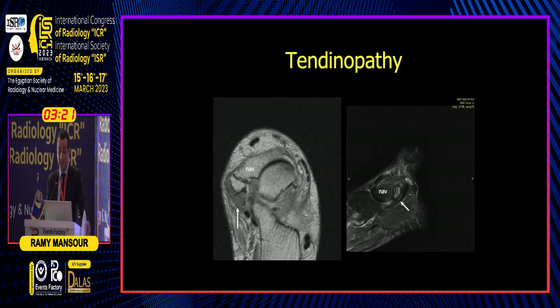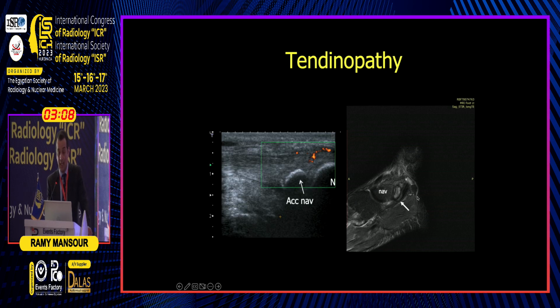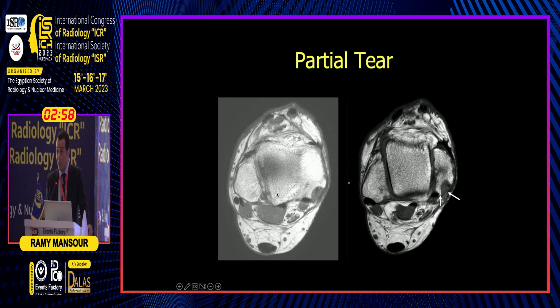For tendinopathy, especially associated with an accessory navicular bone, same thing: you can see thickening and altered signal of the posterior tibial tendon. And if you do ultrasound, you can see increased Doppler, and in this patient you can also see an accessory navicular bone.